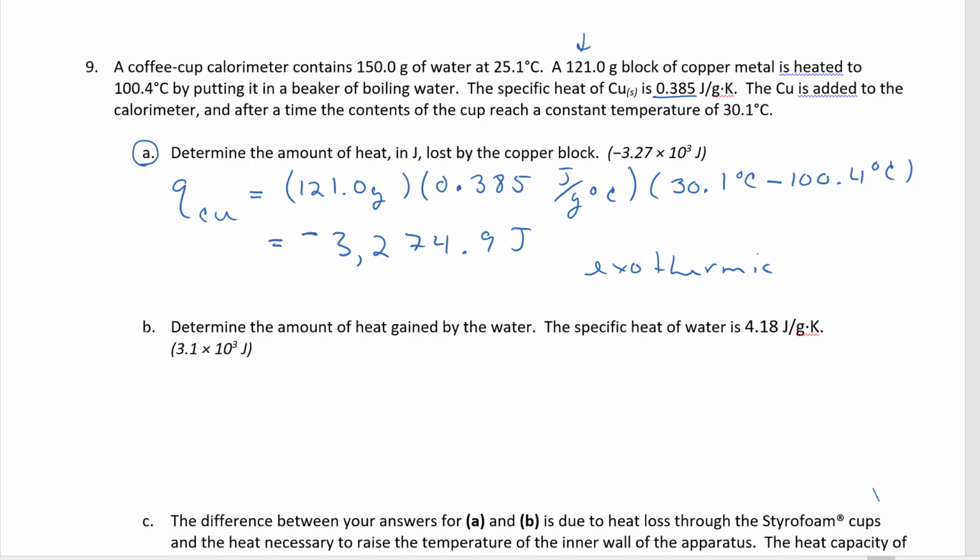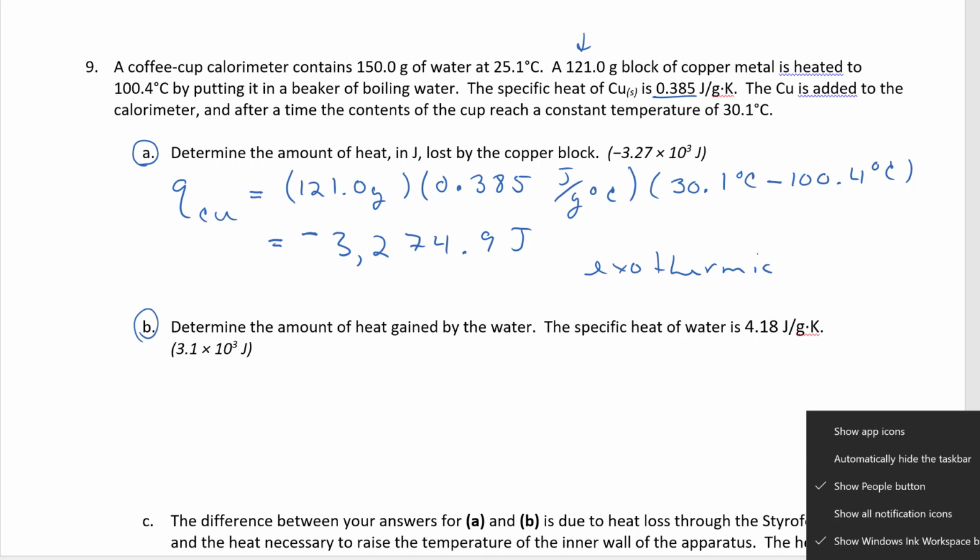So in the next problem, they're asking us how much heat is gained by the water, and they say the specific heat of the water is 4.18 joules per gram degrees Celsius, or Kelvin, it doesn't really matter, I guess. For this one, they actually gave you information about the water.